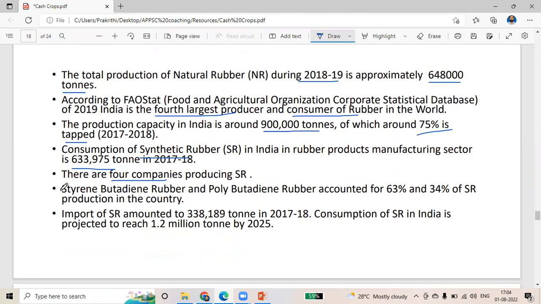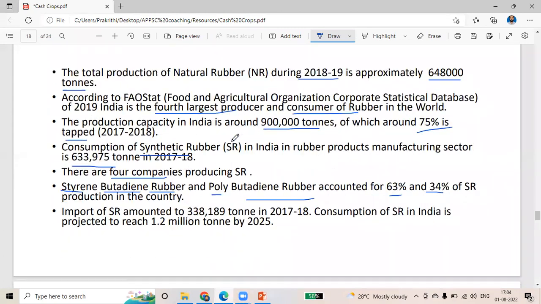Synthetic rubber is of 2 types: styrene butadiene rubber and polybutadiene rubber. Styrene butadiene is 63% and polybutadiene 34% of the synthetic rubber produced in the country. So this is how we have rubber in India.